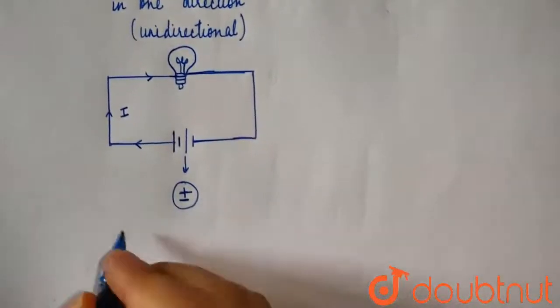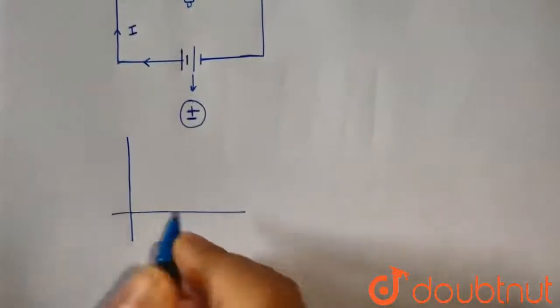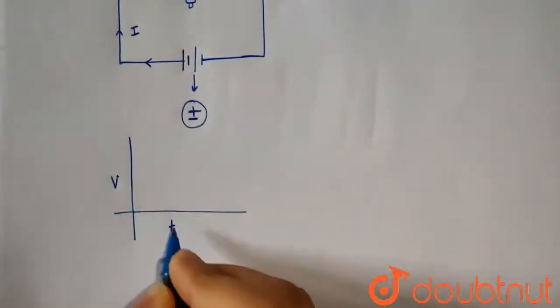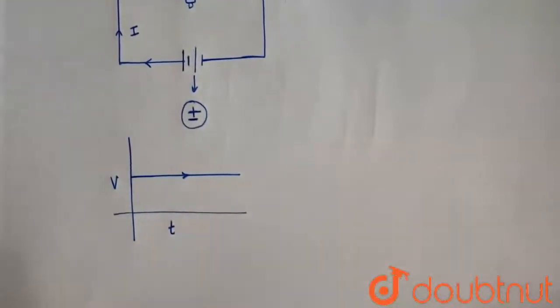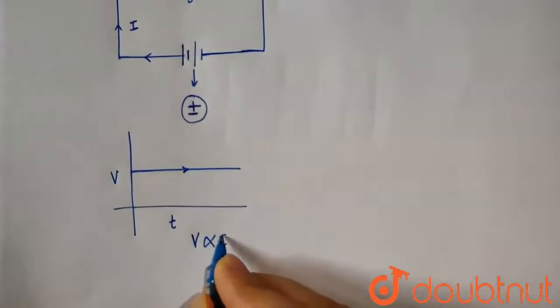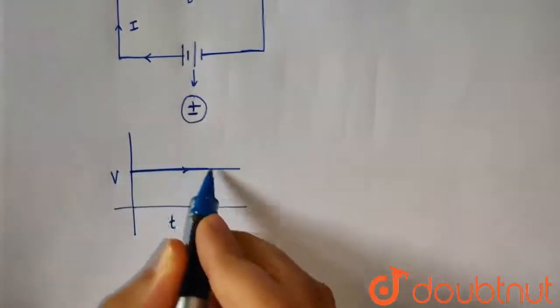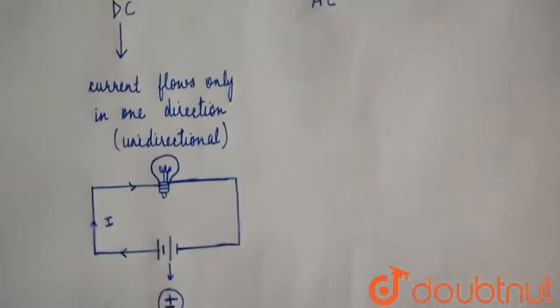If we plot a graph between voltage and time, we get something like this, that the current is straight. And we know voltage is directly proportional to current using Ohm's law. So if the voltage is constant, current will also be constant. That's the thing about DC.